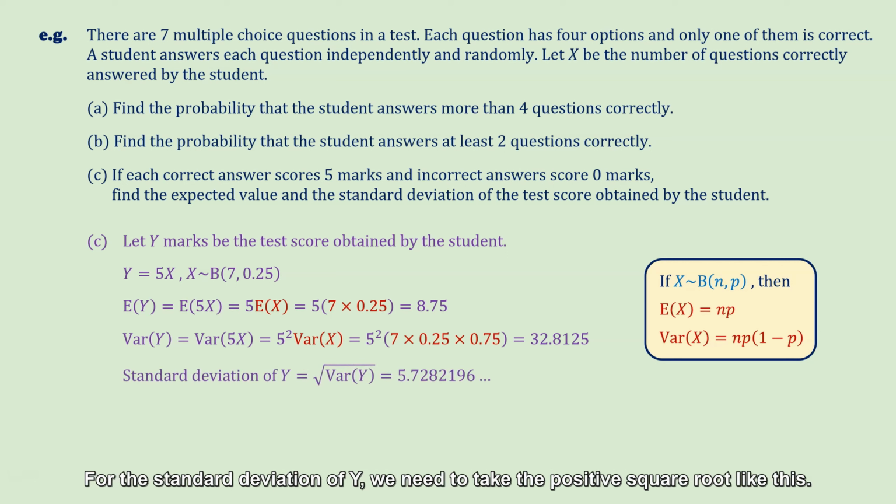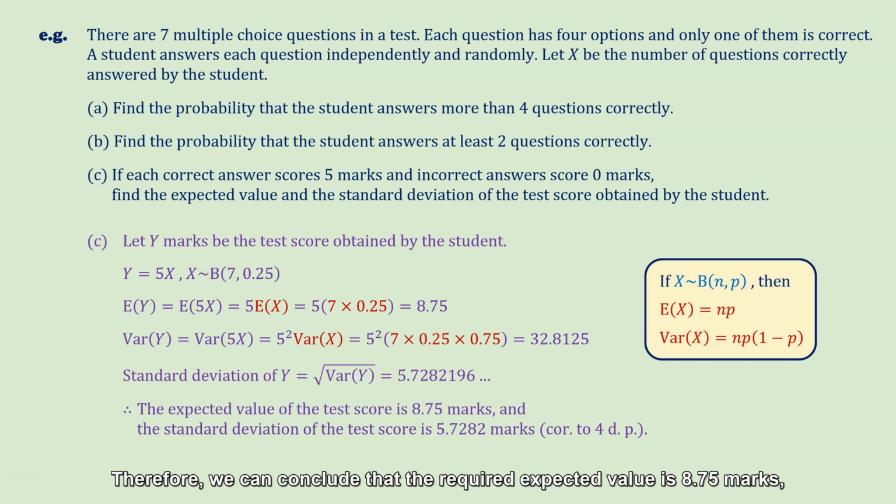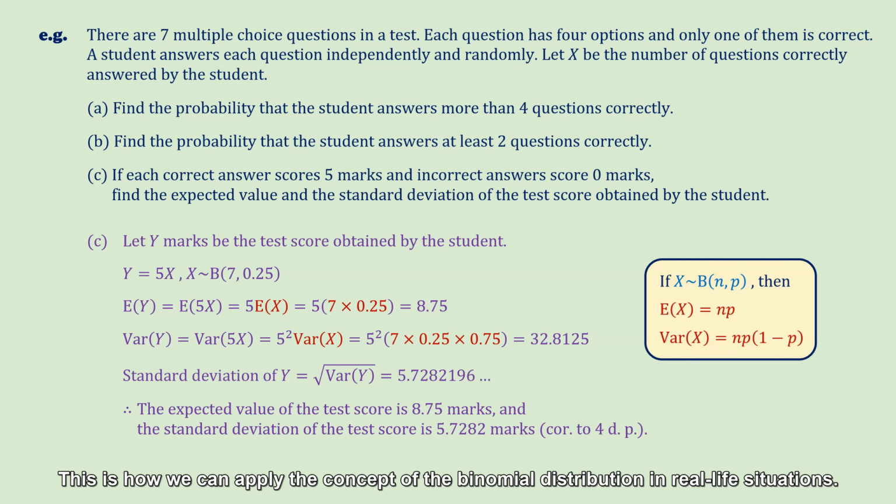For the standard deviation of Y, we need to take the positive square root like this. Therefore, we can conclude that the required expected value is 8.75 marks, and the required standard deviation is 5.7282 marks, correct to 4 dp. This is how we can apply the concept of the binomial distribution in real-life situations.